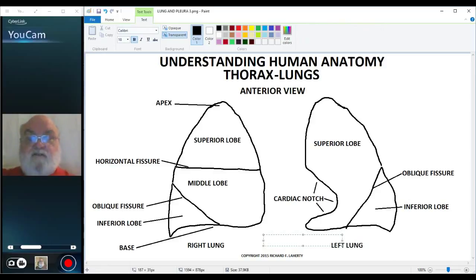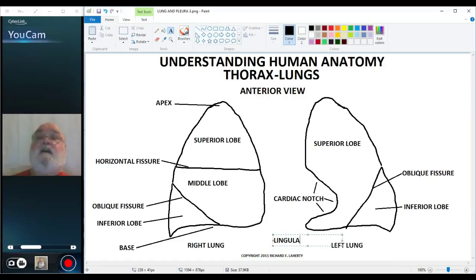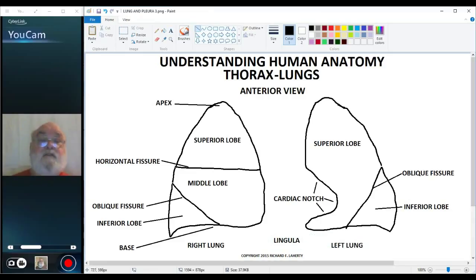So this is the lingula, or tongue-like appendage of the left lung. We only have the cardiac notch and the lingula on the left side.